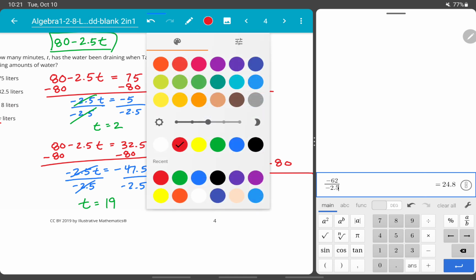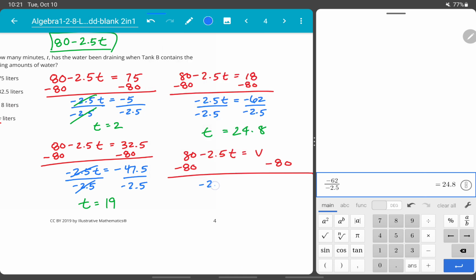And that's going to leave us with negative 2.5 T on the left and V minus 80 on the right. And then we're going to divide by negative 2.5. And then T is equal to V minus 80 over negative 2.5.